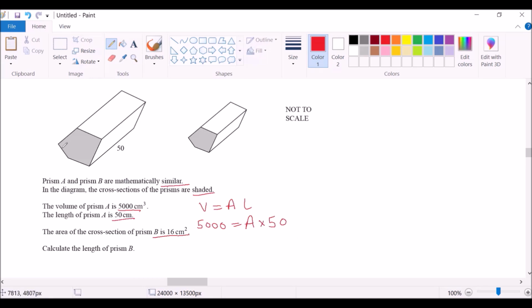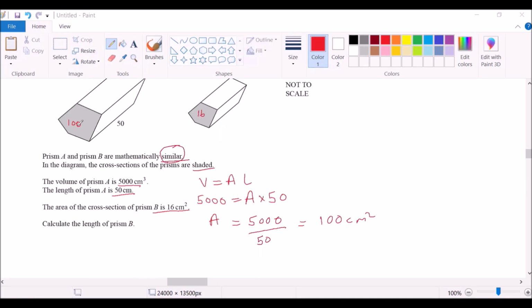So we can find the cross-sectional area of A. So the area of A is 5,000 over 50, which is 100 square centimeters. So this is 16 square centimeters. This is 100.